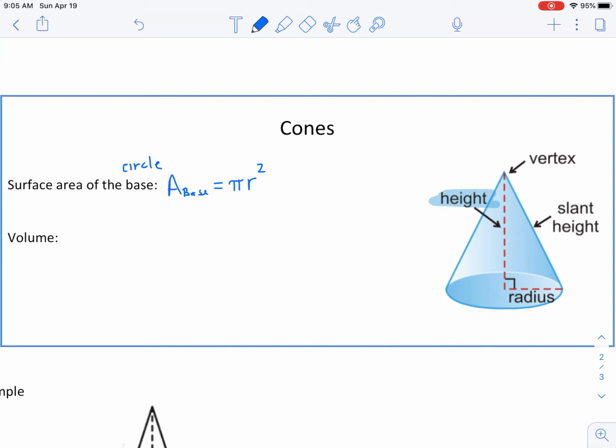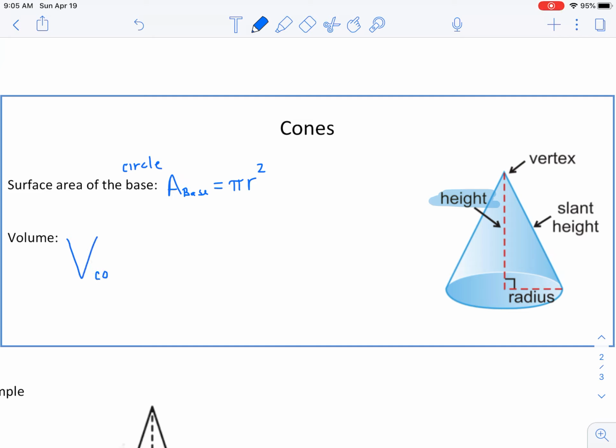Now the volume of the cone is very interesting, and I'm going to try to look for a video that shows this because I would normally do it in class, but I don't have all the geometric shapes here to do it at home. The volume of the cone starts very similar to the volume of the cylinder.